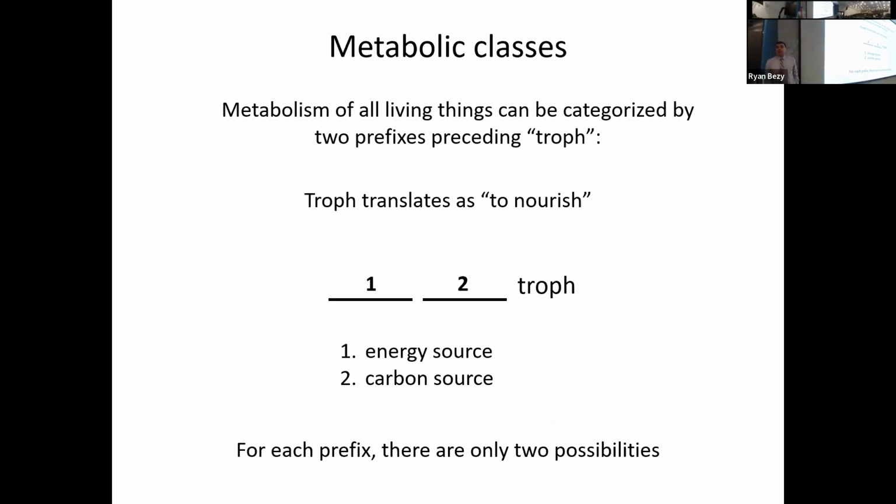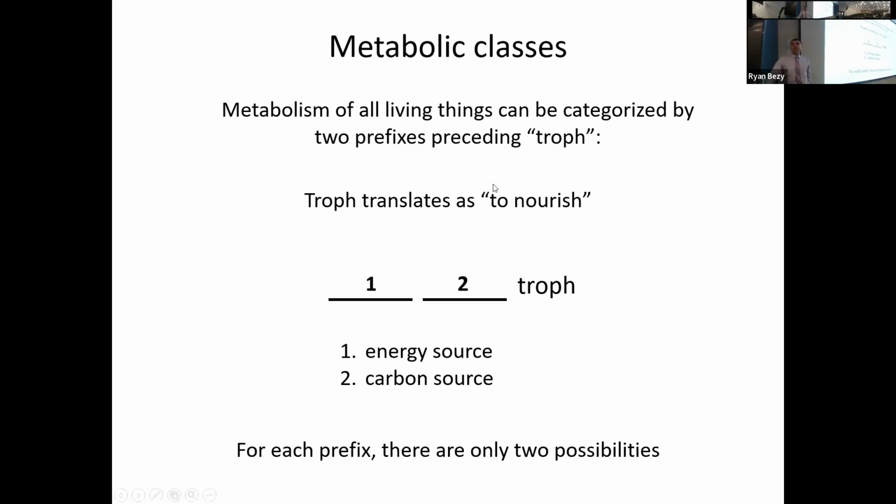There are two prefixes. The first prefix describes their energy source. The second prefix describes their major source of carbon, what kind of molecules they use as a carbon source. And for each one of those, there are only two possible prefixes. I'm going to talk about energy source first, then carbon source.